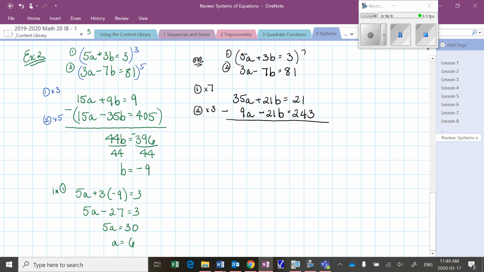And then we can see that if I add the two new equations, the b's, +21b, -21b, that instantly ends up being 0b's, essentially canceling out the b.